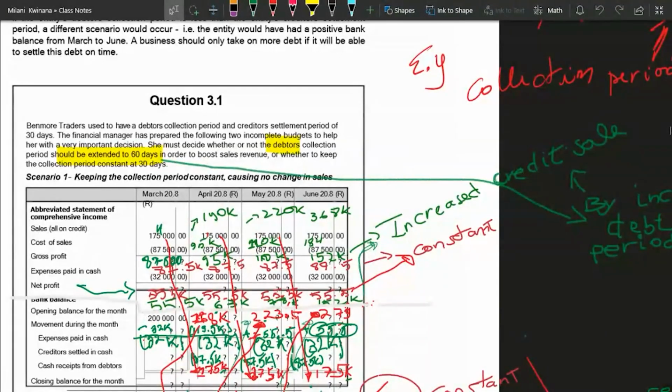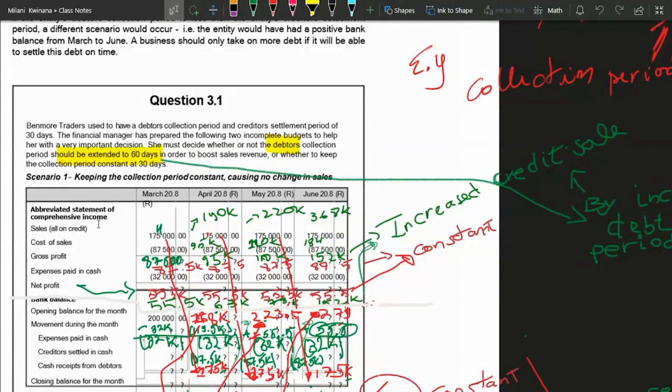where everything is constant. As you can see, Ben Moore Traders used to have a debtor collection period and credit settlement period of 30 days. The financial manager has prepared the following 2 incomplete budgets to help her with a very important decision.